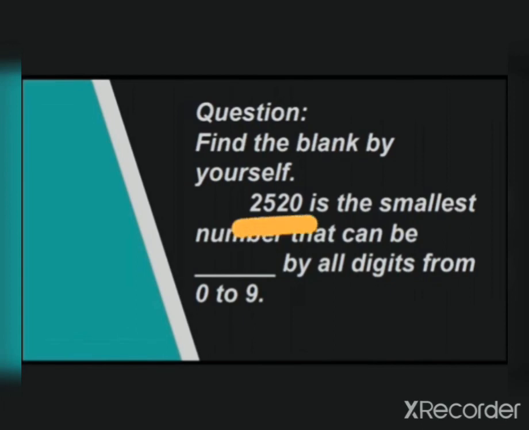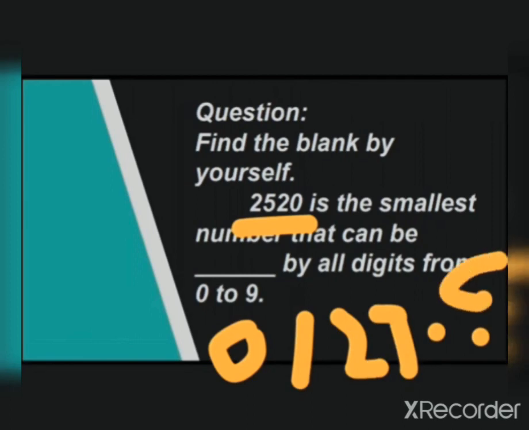So 2520 is the smallest amount which can be added, subtracted, multiplied, divided. You have to find whether it should be multiplied, added, subtracted, or divided. Any one of them or all of them you have to find, and it should apply with all numbers 0, 1, 2, 3 and so on up to 9.